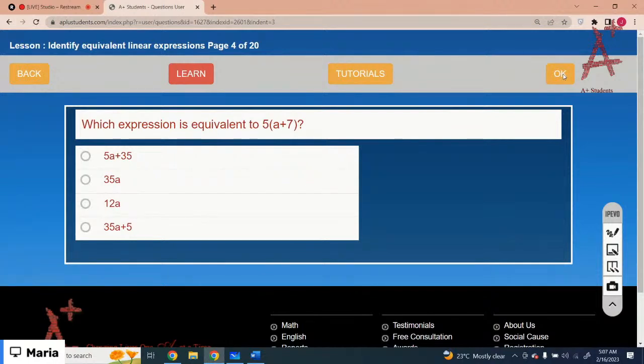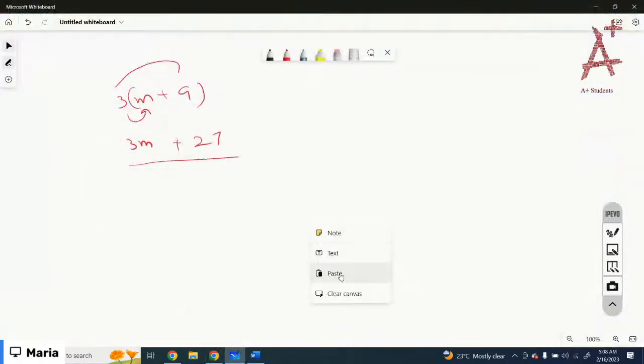Okay, the next one is 5 times (a plus 7). Just convert it into the standard form. Let me just write it down, 5 times (a plus 7).